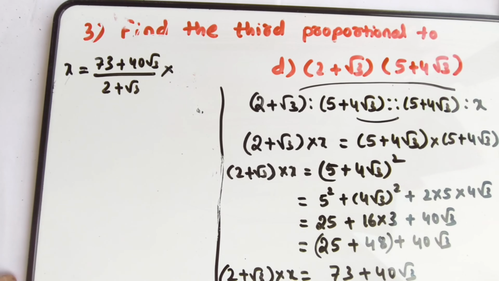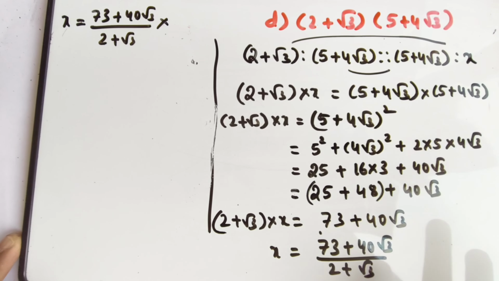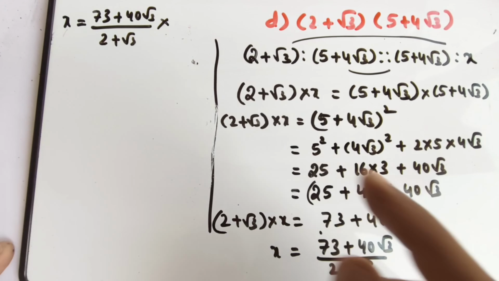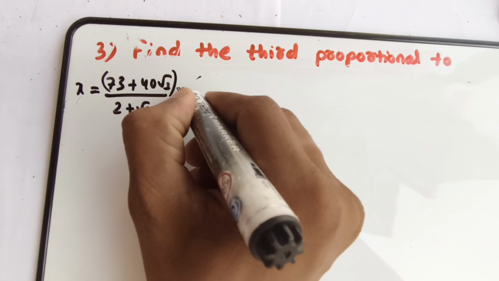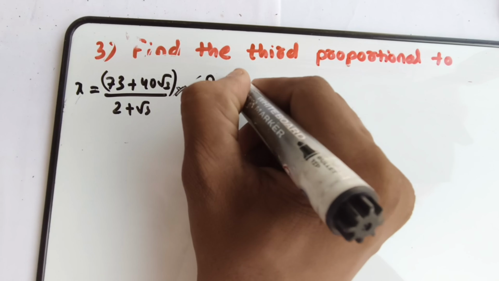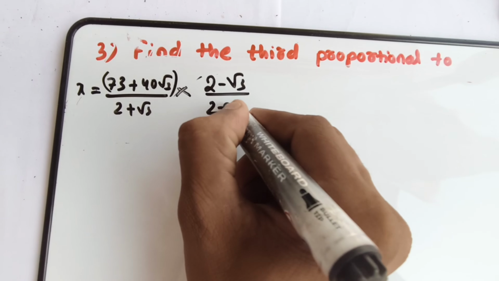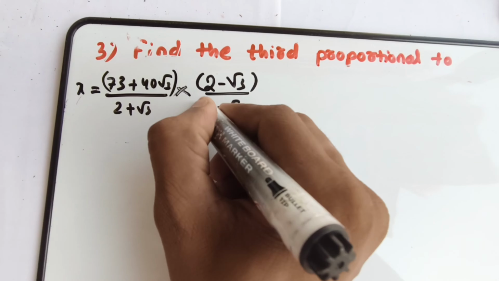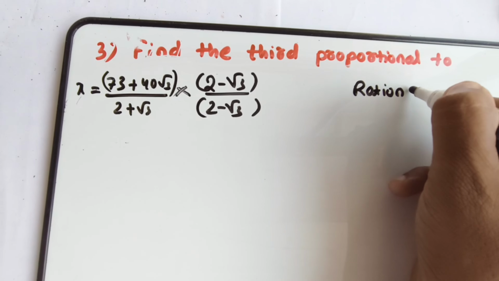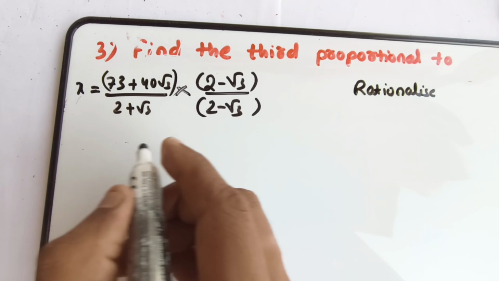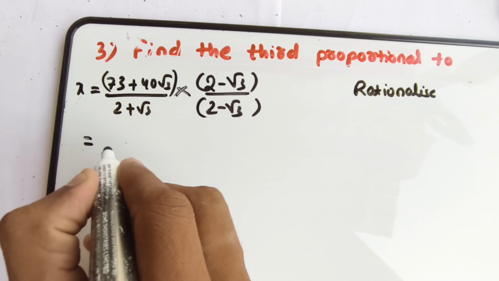Now you have to rationalize to get the value of x. It is an irrational number. I'll rewrite this answer here again and rationalize the denominator: 2 minus root 3 divided by 2 minus root 3. If I rationalize it, I'll change the sign of the denominator and multiply.